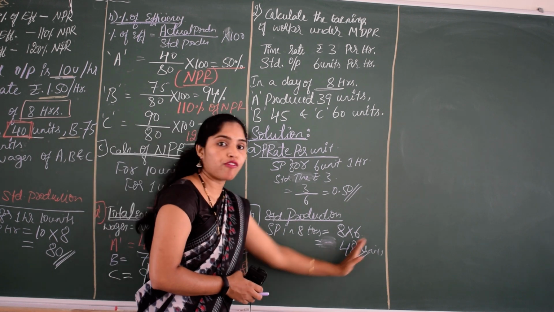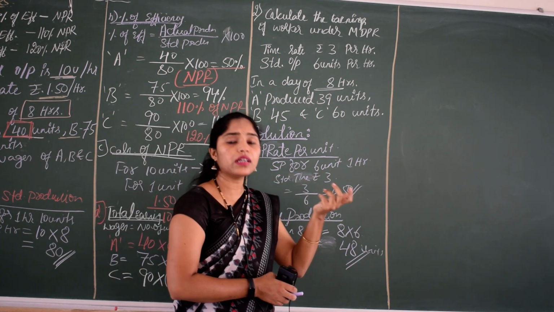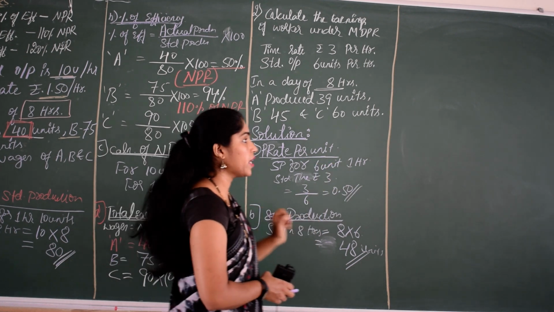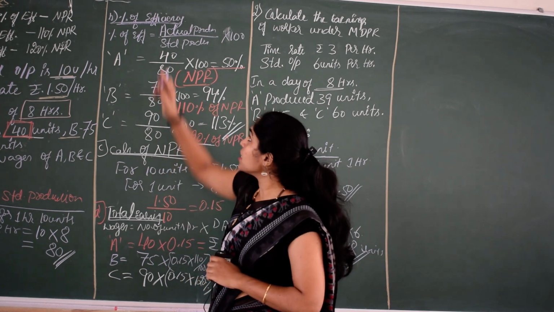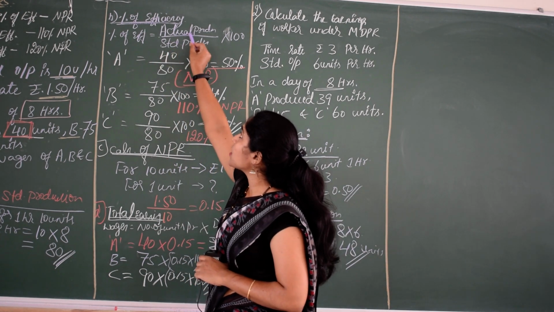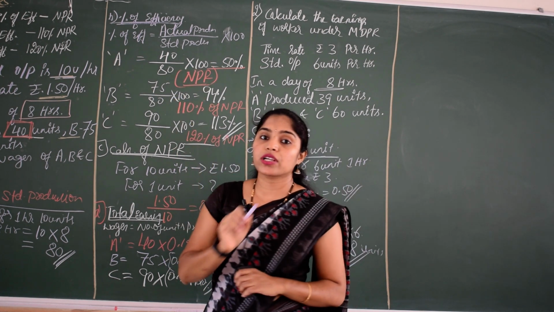Standard production 48 units. Now let us calculate the percentage of efficiency, using a formula. The percentage of efficiency equals actual production of each employee divided by standard production into 100.